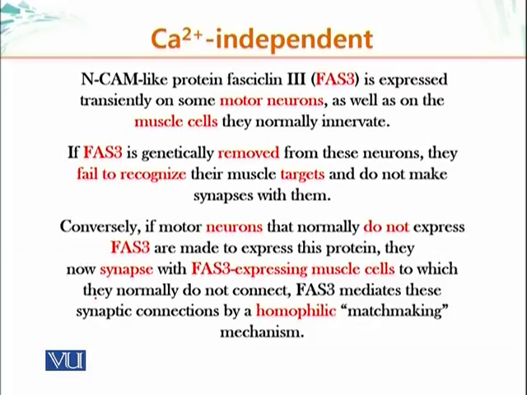Conversely, if motor neurons that do not normally express this adhesion molecule are made to express FAS3, these neurons, which normally do not make synapses with muscles expressing FAS3, will now start interacting and forming synapses with those muscles.